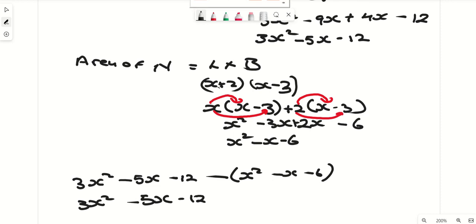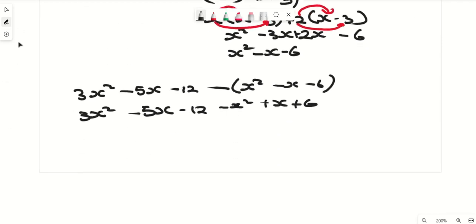Because we're subtracting, we have to multiply the minus by each term in the second bracket. So it's minus by plus x squared is minus x squared. Then minus by minus x would be plus x. And then minus by minus 6 is plus 6.